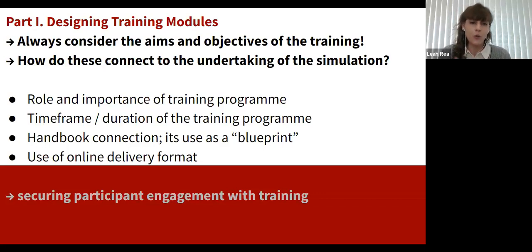And then arising from that, it's the time frame and duration of the programme as well. We purposely hold the training programme shortly before the simulation takes place, a number of weeks. The dates can change slightly each edition, which is why I'm just saying a number of weeks.